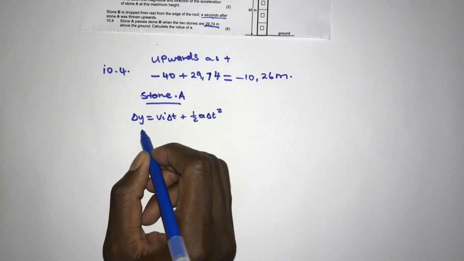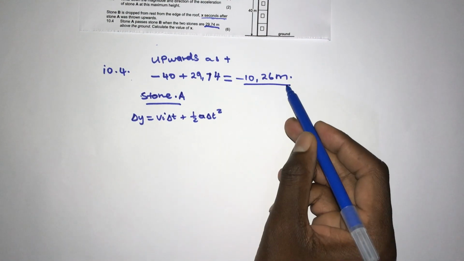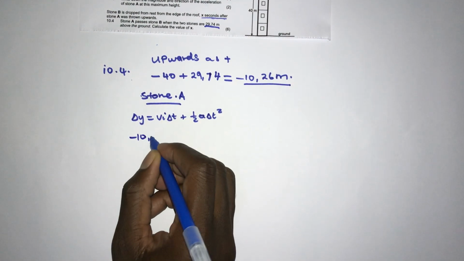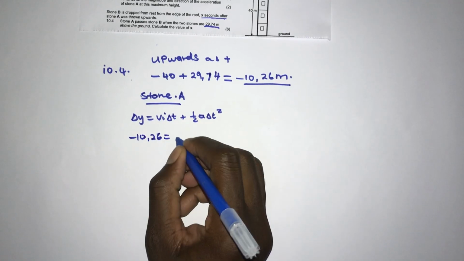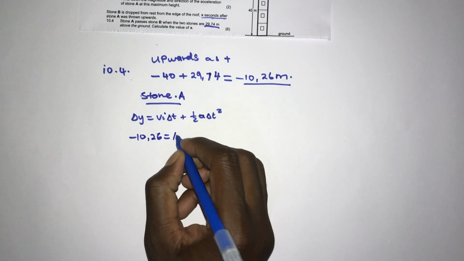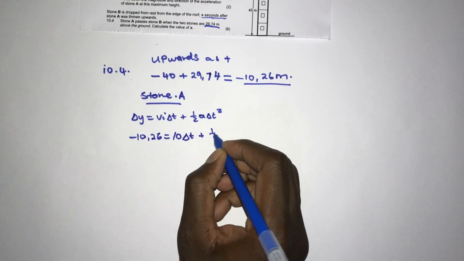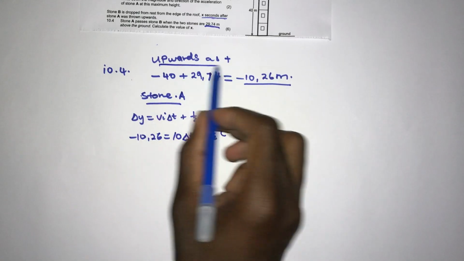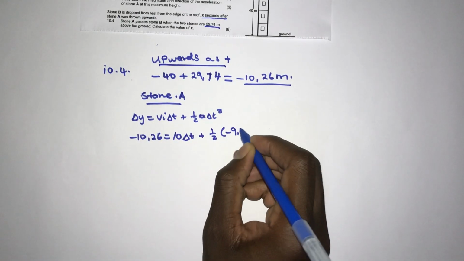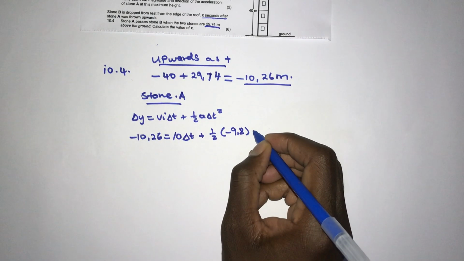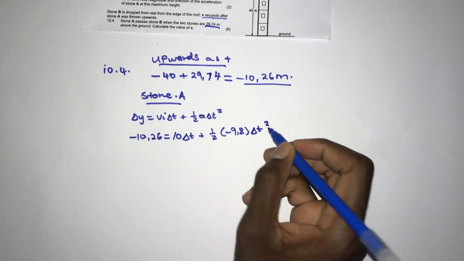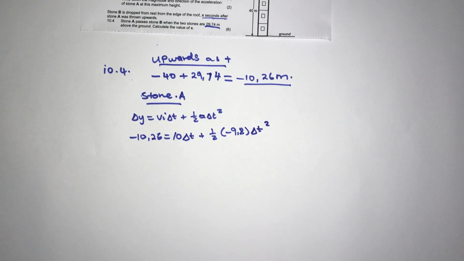So change in y is negative 10.26, equal to, initially it was 10, then the time, we don't know the time, then plus half. Since up is positive, it's negative 9.8, and then change in time squared. Obviously we're going to apply the quadratic formula.